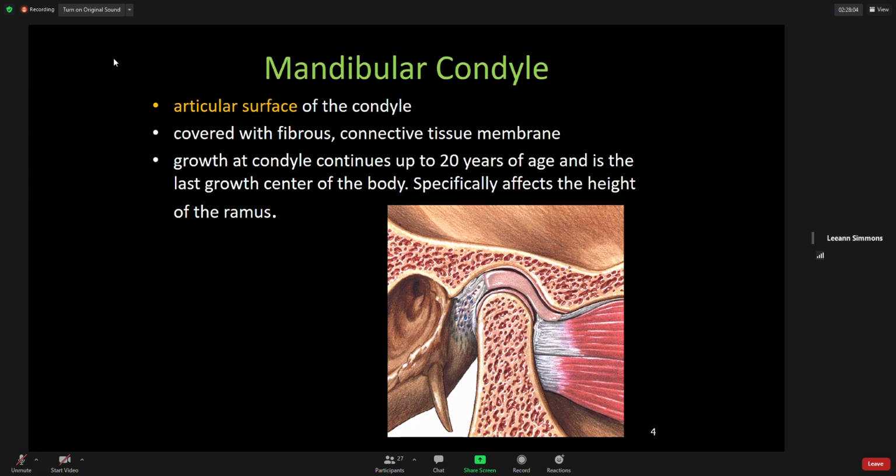And it continues to grow up to 20 years of age. And what it does is it affects the height of your ramus. So the height of the ramus will continue to grow up to age 20. But that's the last growth center of your body, is your condyle.